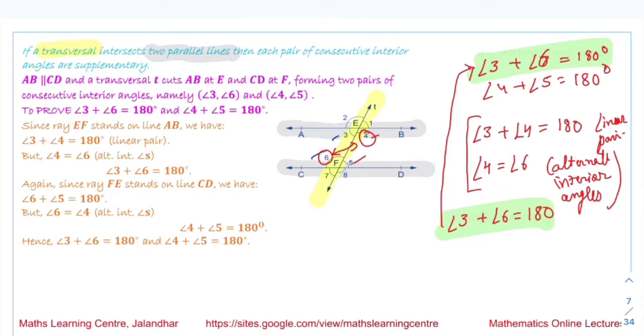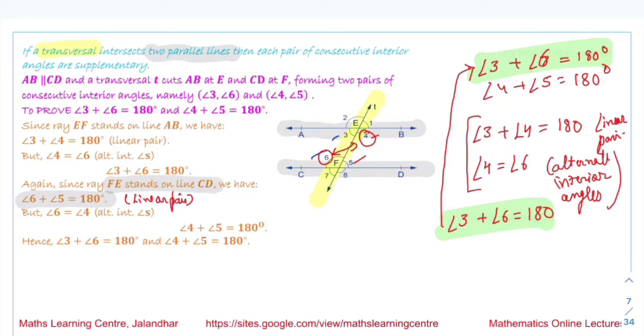Similarly, we have to prove that angle 4 plus angle 5 is 180 degrees, and to prove this we consider again that EF stands on CD and angle 6 plus angle 5 is equal to 180 degrees, because it is a linear pair.